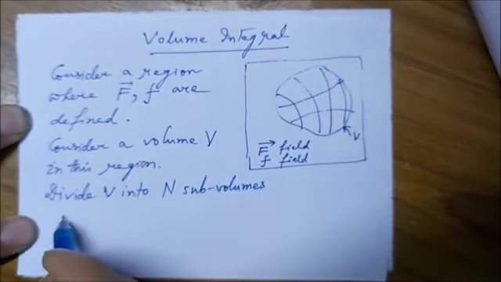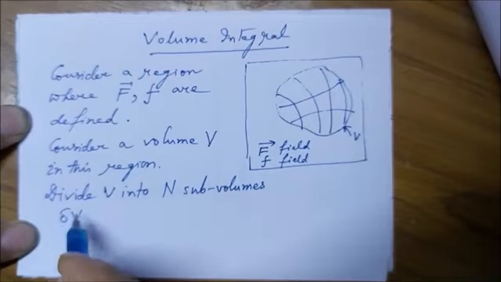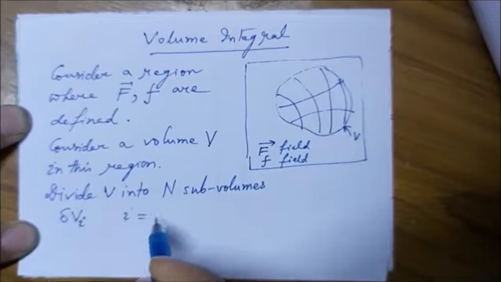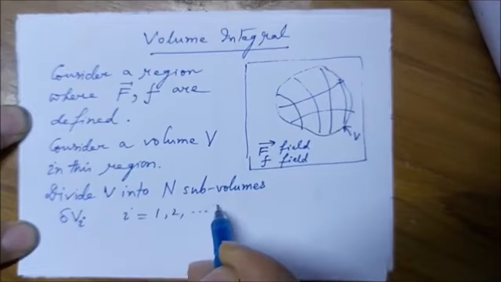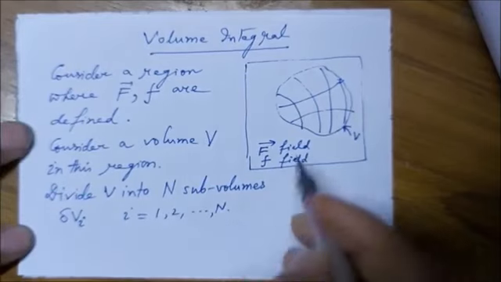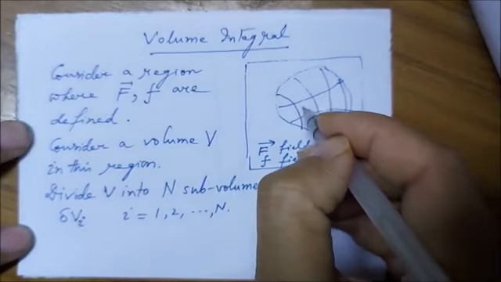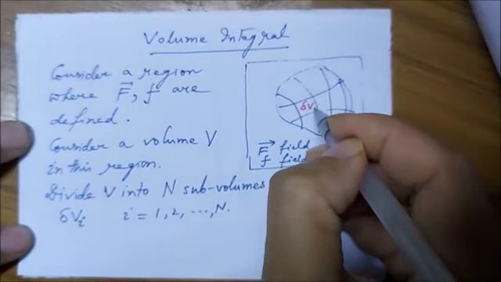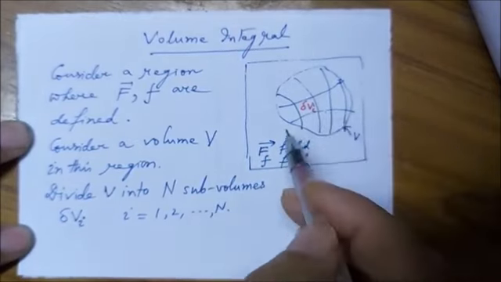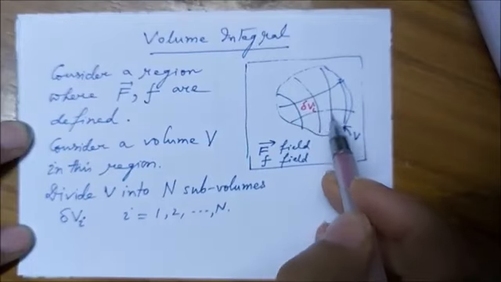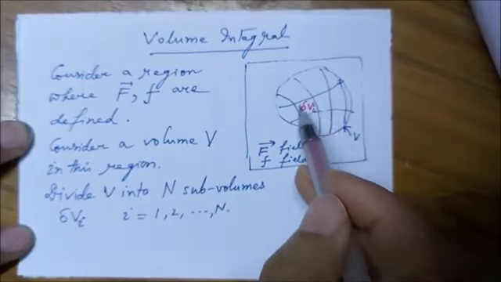The ith subvolume is denoted by delta Vi, where i runs from 1 up to n. And let us show the ith subvolume. Say this one is the ith subvolume. This is the first one, second one, third one, the nth one, and the ith one is this one.